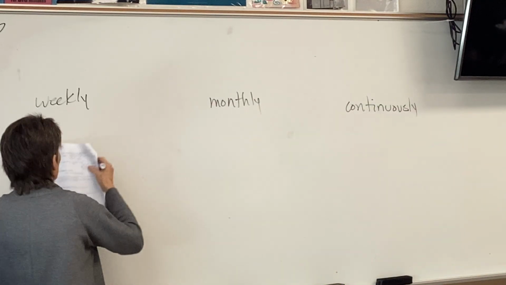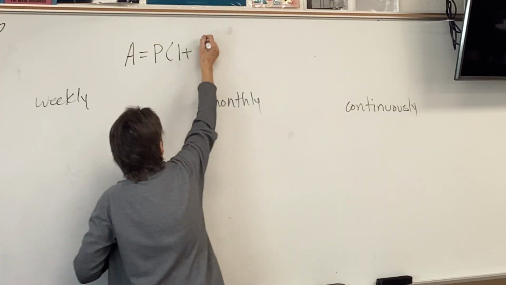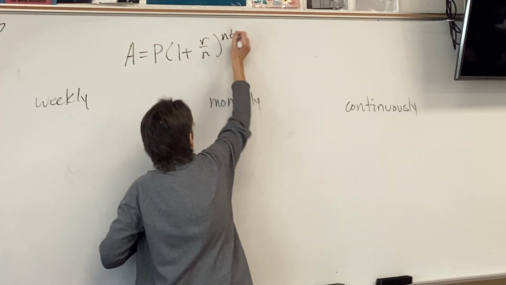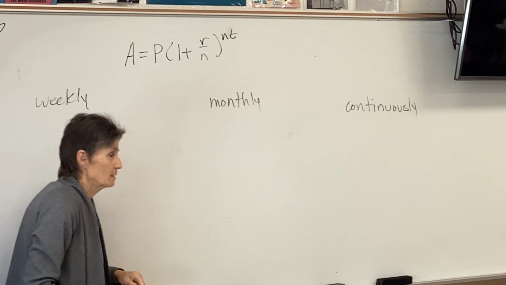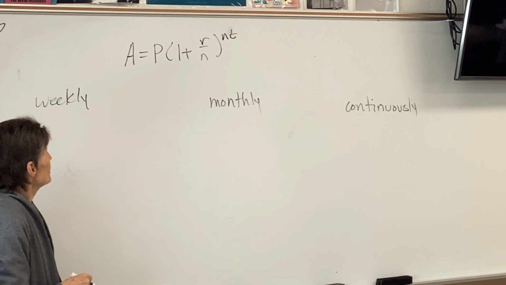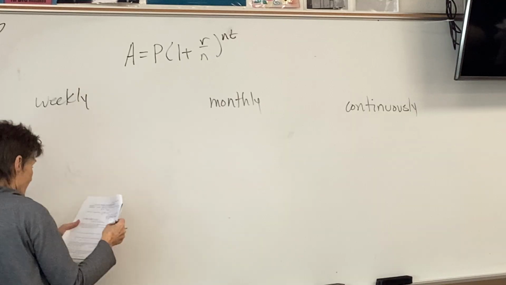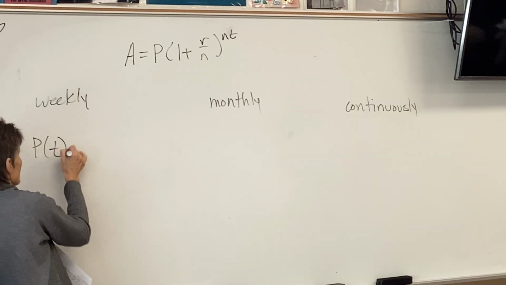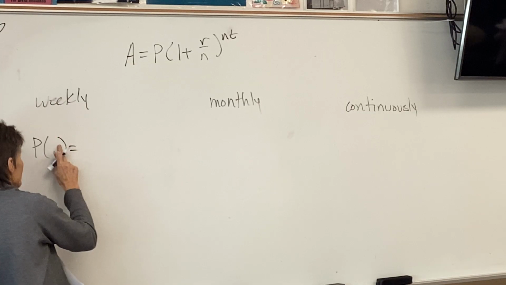Weekly will be your compound interest formula, compounded finitely. So we want to know how much we're going to end up with, and the notation used here is function notation, that's fine. And t will be what?